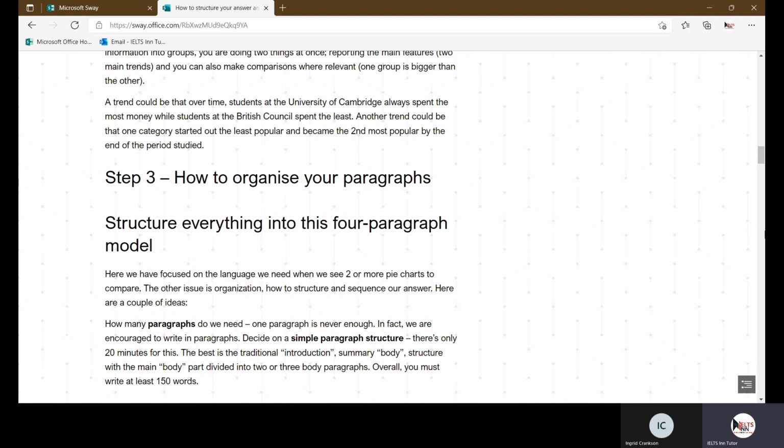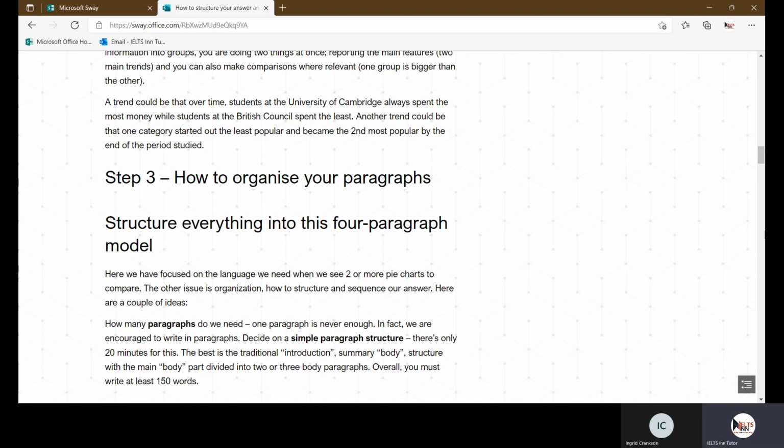In the introduction you have to tell us what the whole chart that you're summarizing or reporting on is about, but you don't have to use the language that was used in the question. This is where you have to paraphrase. You find synonyms or you change the grammatical structure of the question.